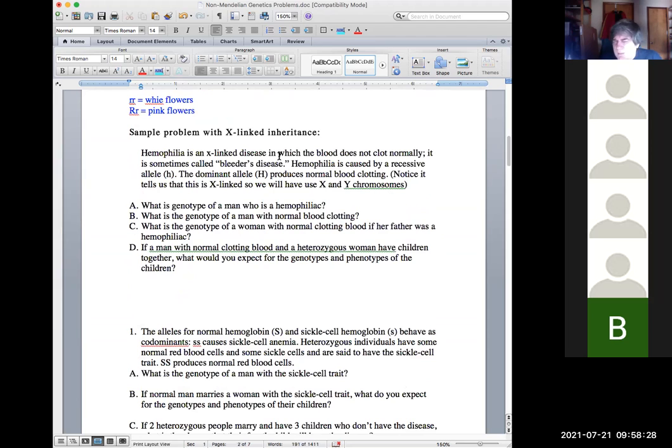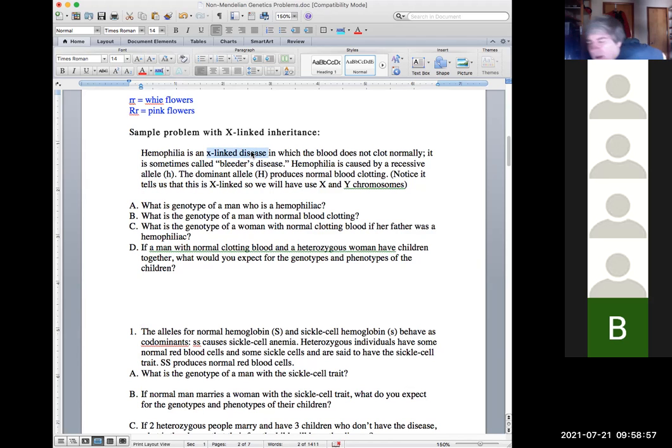So now let's think about a sample problem with X-linked inheritance. Now, when we read about a problem with X-linked inheritance, here's the key. Somewhere in the problem, it's going to tell us it's X-linked. And this is really the only time that we care about whether individuals are males or females.